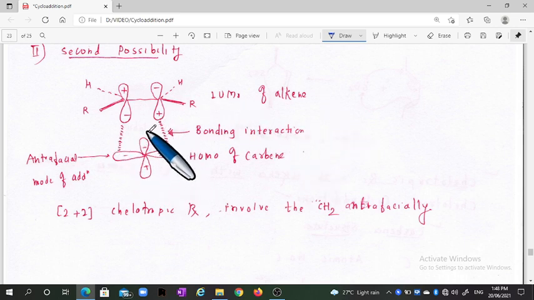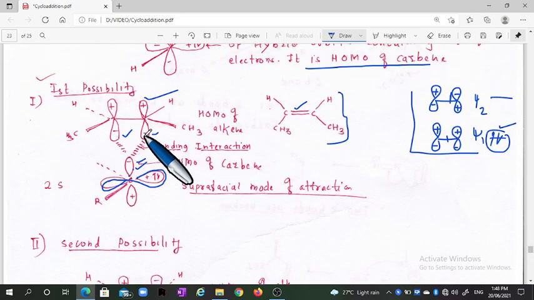This type of bonding is the antarafacial mode. This is not the same phase, therefore it is an antarafacial mode of bonding. Such a suprafacial bonding, where two orbitals bond to a single orbital, is impossible.